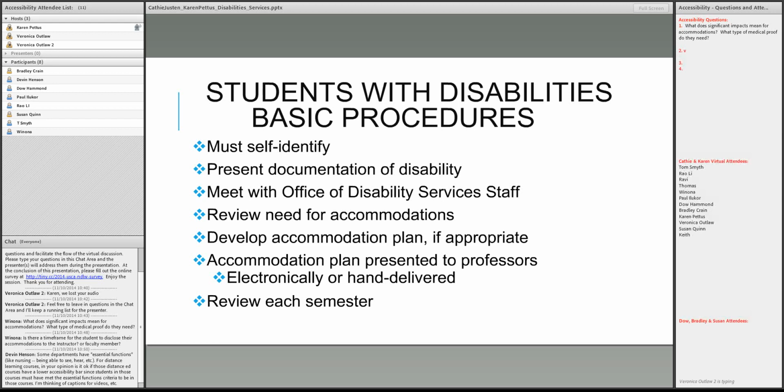That's the type of information that we need the doctor to put in that documentation, so that we know what may cause problems for them and the types of accommodations that they may need.